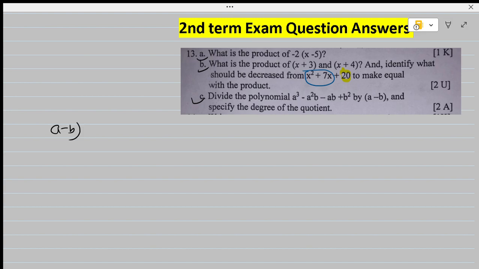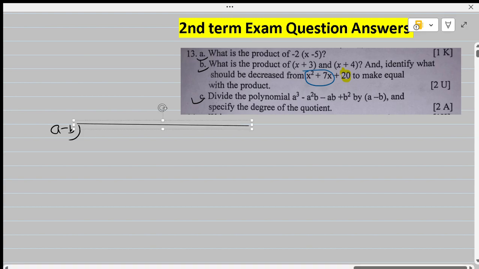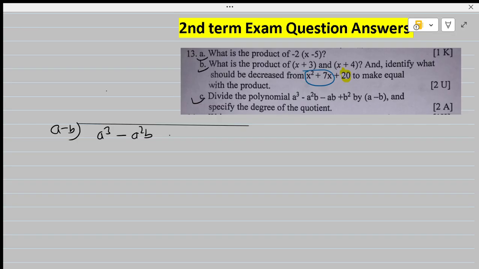How could you think here? You have to bring a cube by multiplying with a. What, a into what will give you a cube? That's a square. So a into a square will give you a cube.